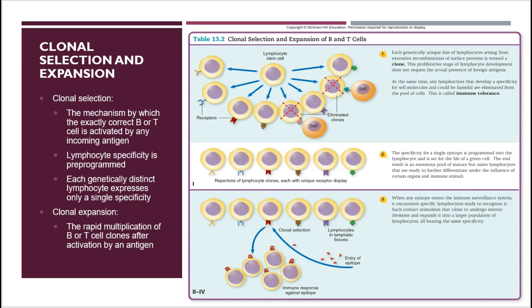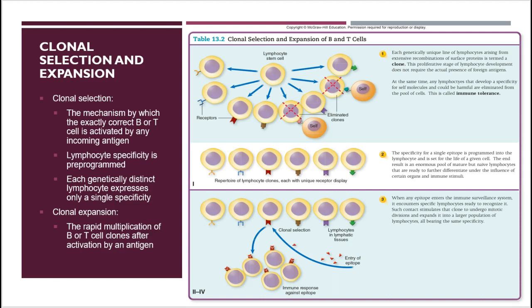And we don't want that. So B and T cells that recognize self are eliminated from the pool of cells. So any of these cells that are produced because of the variability that recognize self-receptors, they're going to be removed.